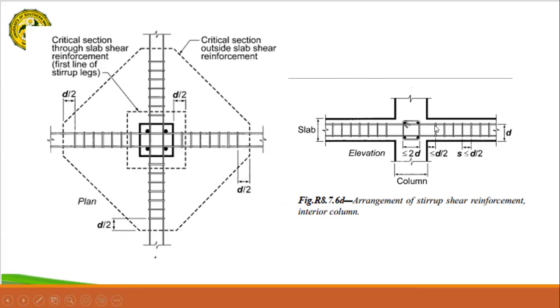And the spacing of the stirrup from the face of the column is equal to or less than d/2, and the rest is also less than or equal to d/2.